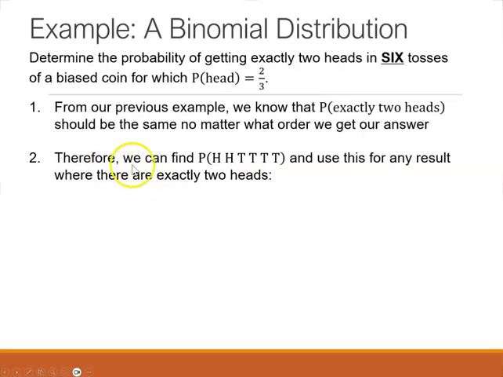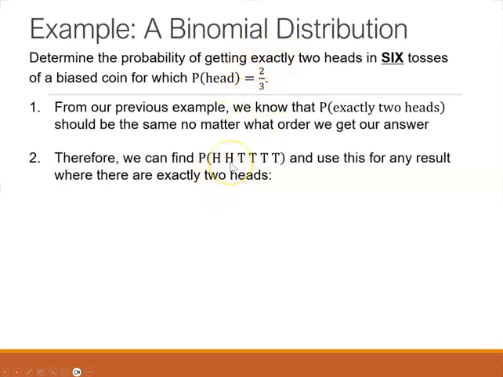Because I know that the probability for each outcome is identical, I can just pick one of those outcomes and calculate the probability. So here I'm going to choose to calculate the probability for heads, heads, tails, tails, tails, tails. What's the probability of getting 1 head? It's in the problem: 2/3.